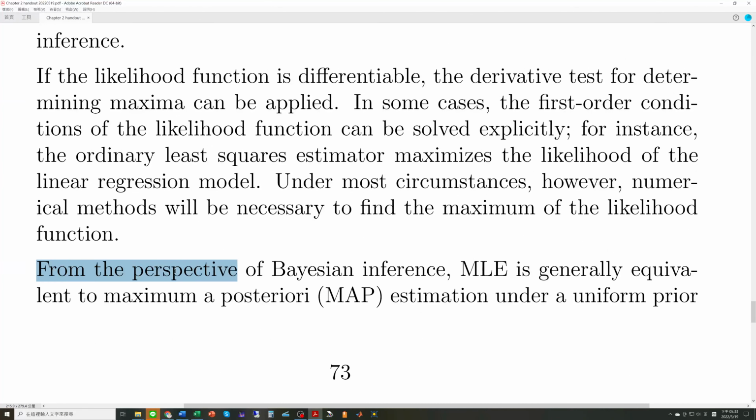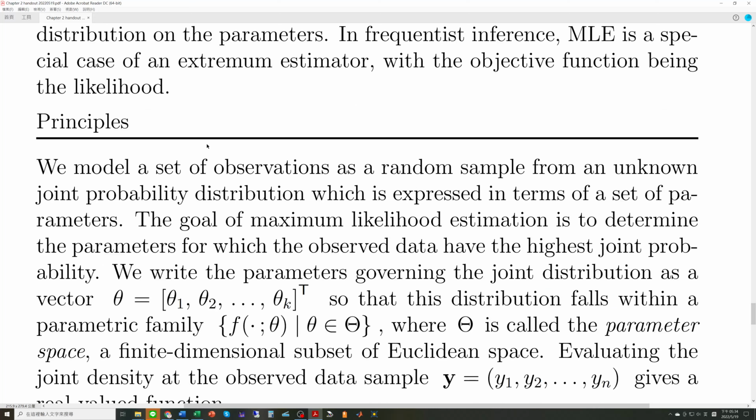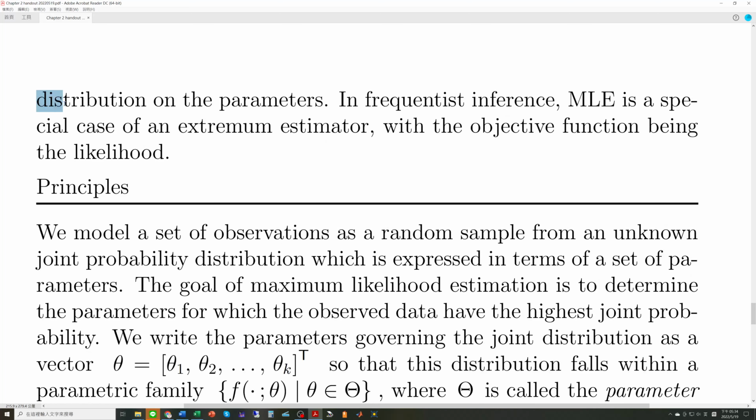Okay, from the perspective of Bayesian inference, MLE is generally equivalent to maximum a posteriori, abbreviated MAP, estimation under a uniform prior distribution on the parameters.